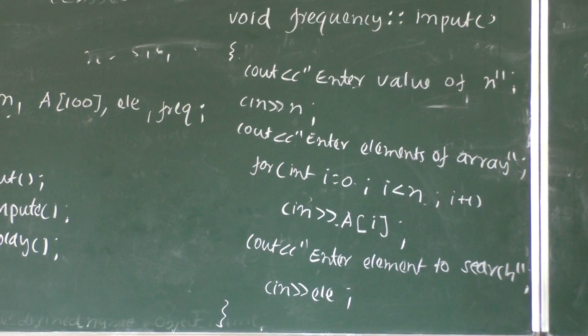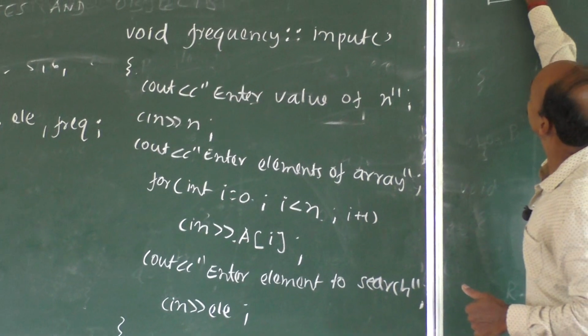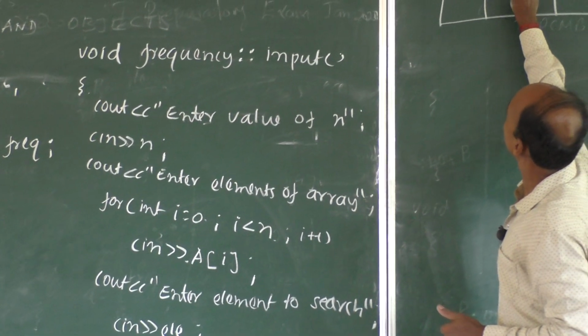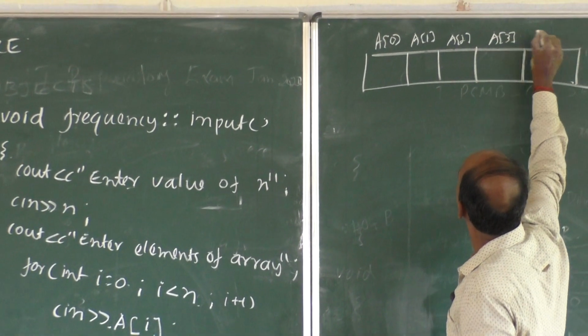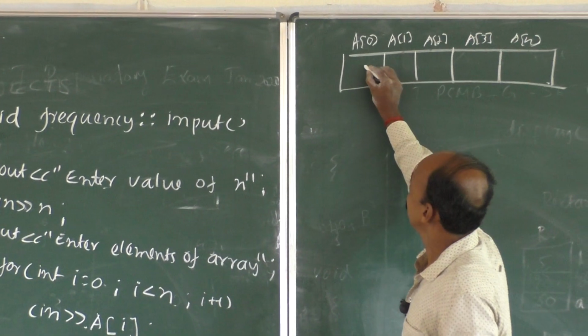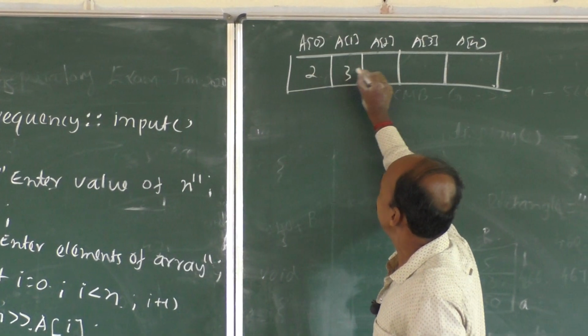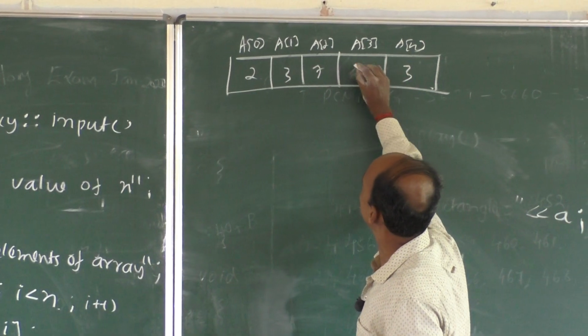5 values we had inputted in our example, starting from A of 0, A of 1, A of 2, A of 3, and A of 4. Say 2, 3, 7, 2, 3 again. Let it be some 4.